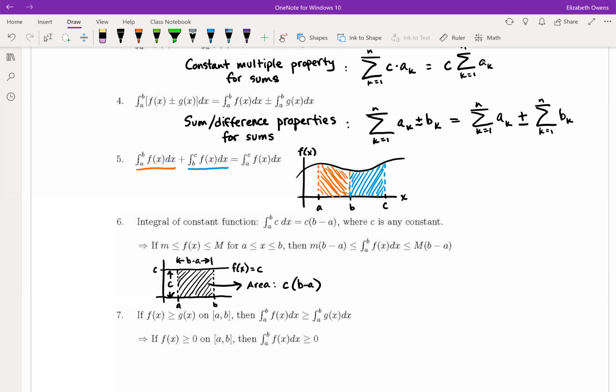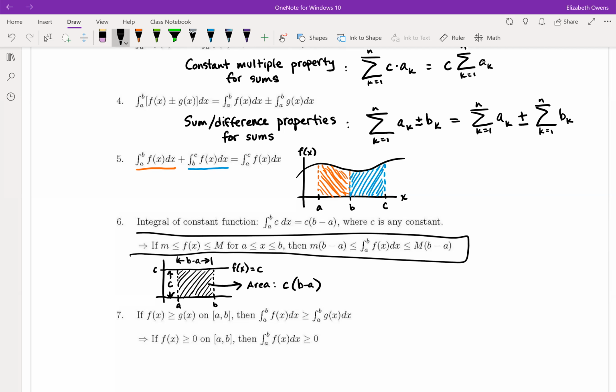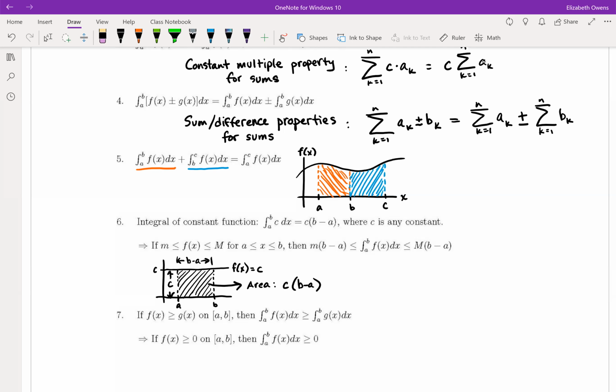And so then the second part here just expands upon that and says that, okay, now your f of x doesn't have to be a constant, but it is bounded between two constants. Okay, so little m is some small constant value, and big M is some maximum constant value.